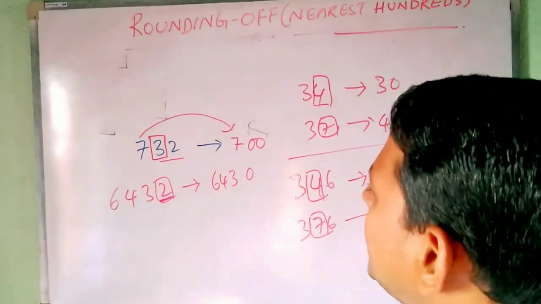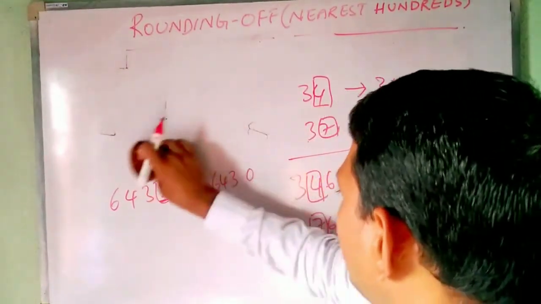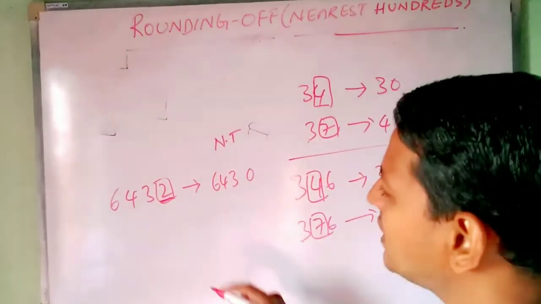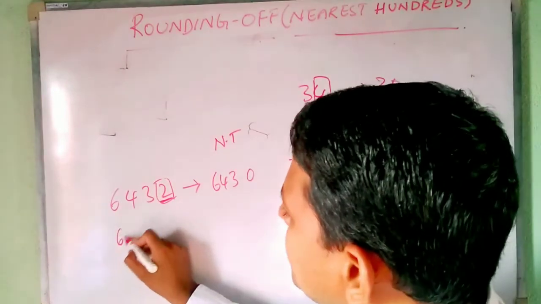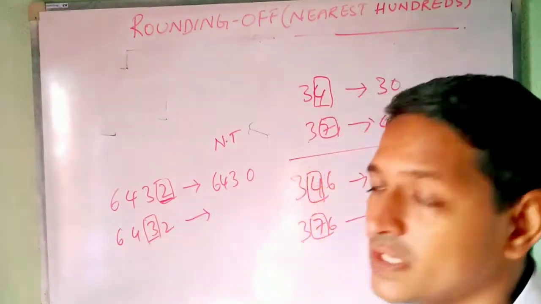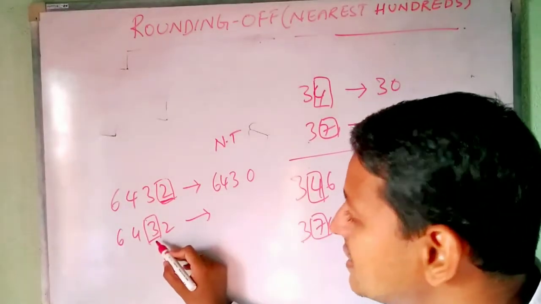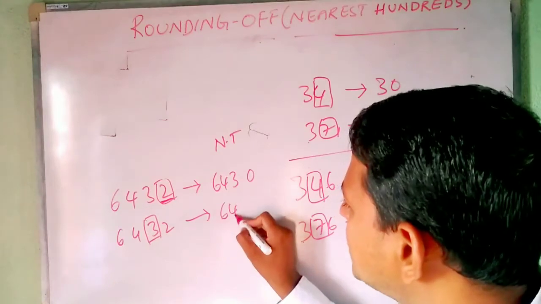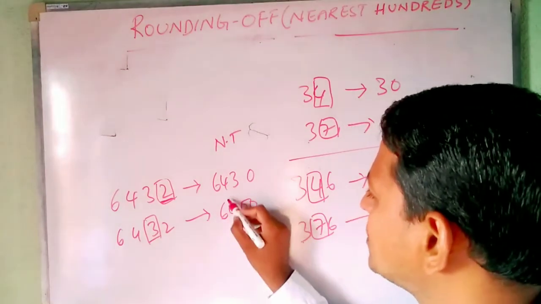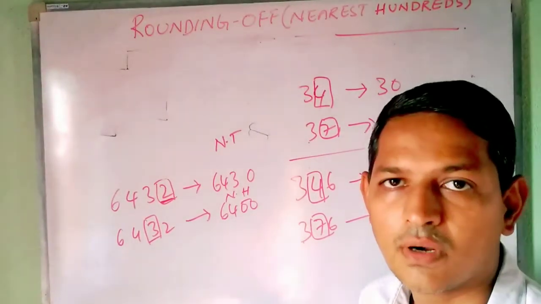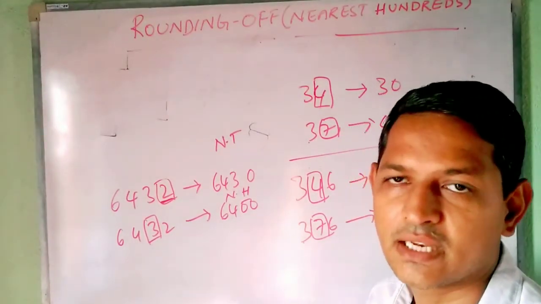That is the nearest 10. When the same one is rounded for nearest 100, we should not see the ones place; we should see the digit in tens place. 3 is also less than 5, so we write the same number 64 and place 2 zeros. This is nearest 100. I hope all of you understood the difference between nearest 10 and nearest 100.